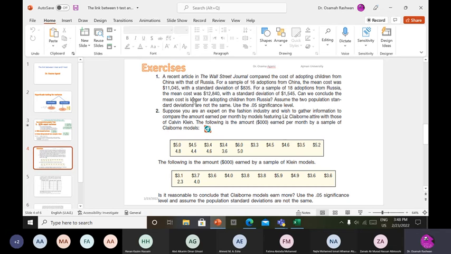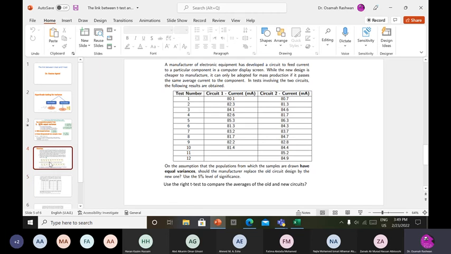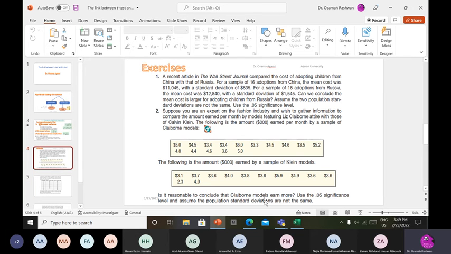Larger, it means, sorry, I'm looking for this one. We have 5%, but do we have any key here saying equal or unequal, greater than? Yes, the Columbia model earns more. More means greater than.